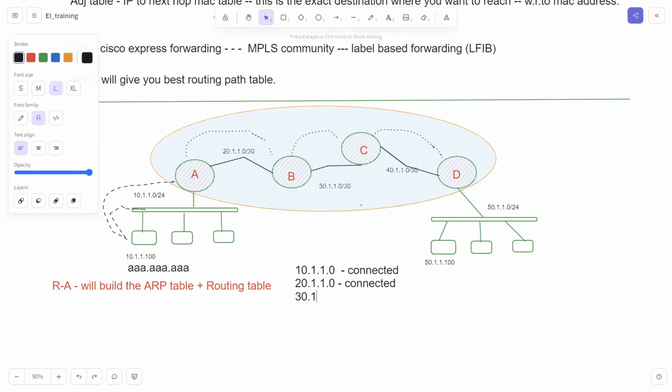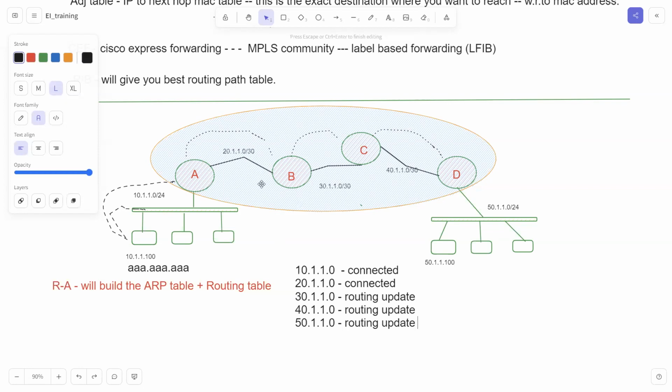Then 30, it will get with a routing update. Then 40, it will get with a routing update. Then 50, it will also get with a routing update. From some other routers, it got this information.